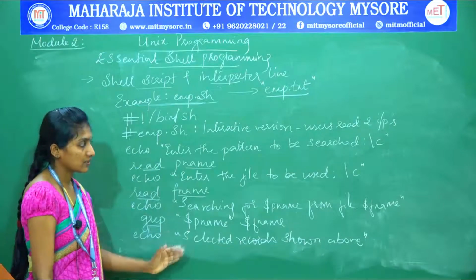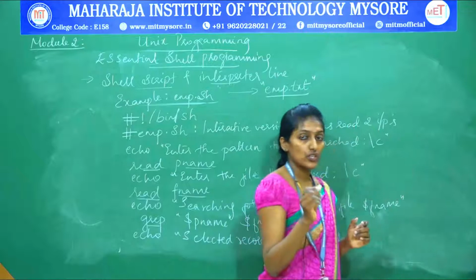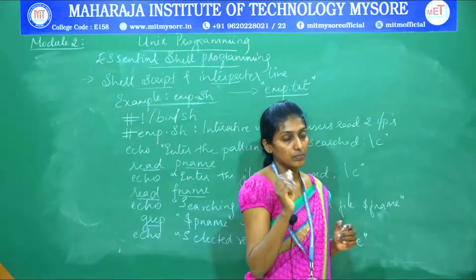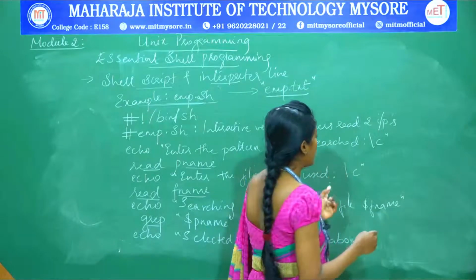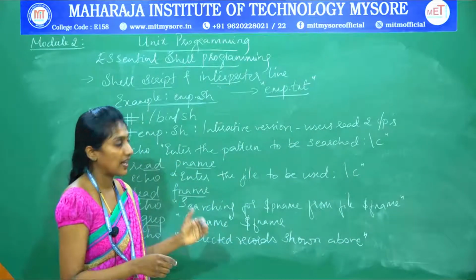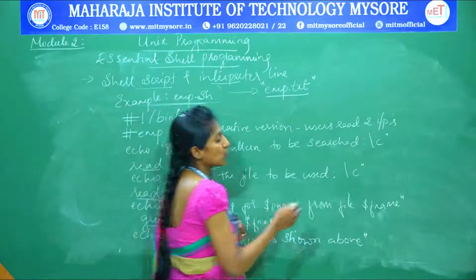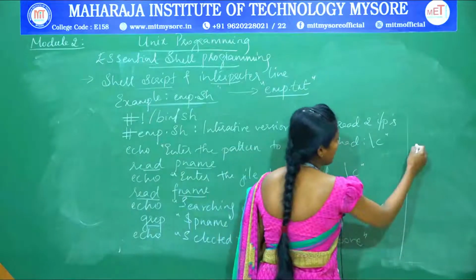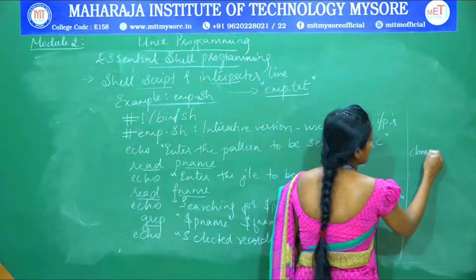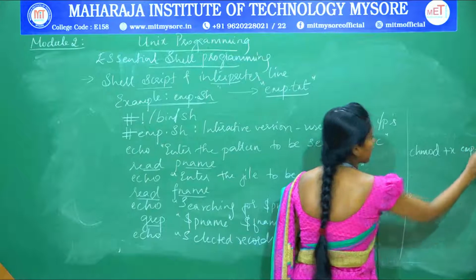Again, once you have edited this program, you have to provide the execution permission for this particular file. So, after editing the program in an editor, either in the Pluma editor or in the VI editor, you have to provide the permission mode, chmod plus x emp.sh.